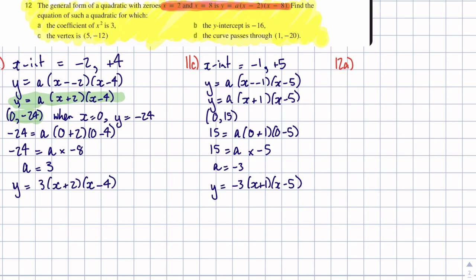They've told us the coefficient of x squared is 3. So we know that a is 3, because a is always the coefficient of x squared. So y equals 3 outside of (x take 2)(x take 8).